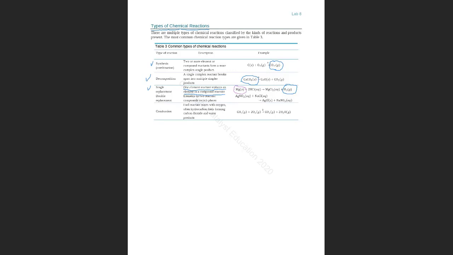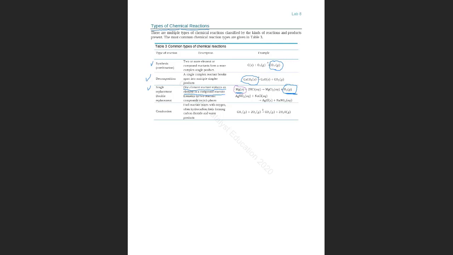So the way to recognize a single replacement is to look first on the reactant side and see a free element, magnesium. Then you look on the other side and see a different free element. Then you can think that might be a single replacement.